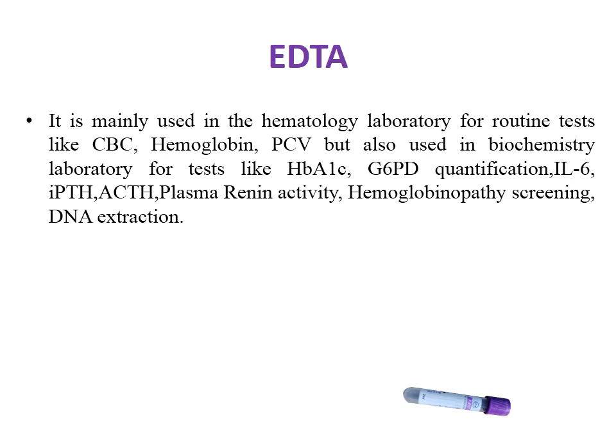Where do we use this EDTA anticoagulant? It is mainly used in the hematology laboratory for routine tests like CBC, hemoglobin, packed cell volume, but is also used in the biochemistry laboratory for tests like HbA1c, that is glycated hemoglobin estimation, G6PD quantification, interleukin-6 estimation, intact parathyroid hormone quantification, ACTH quantification, plasma renin activity estimation, hemoglobinopathy screening, and DNA extraction.